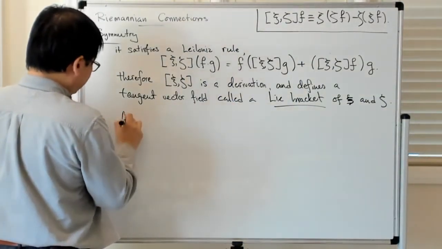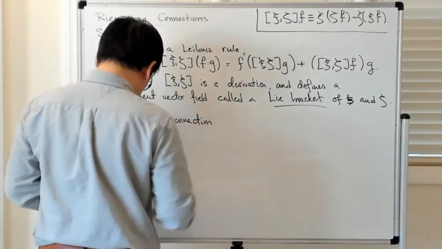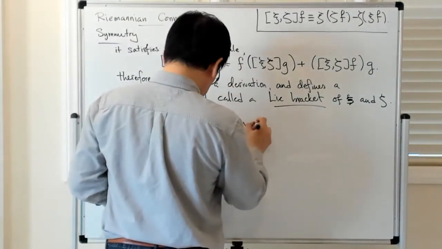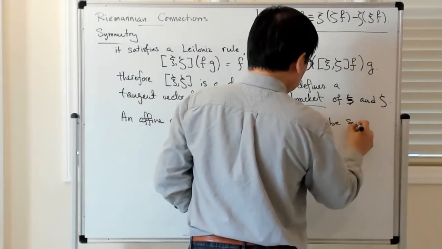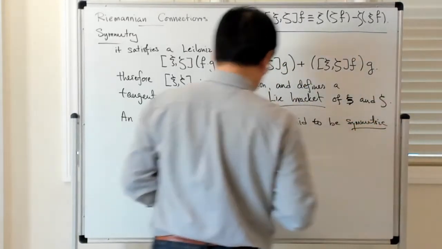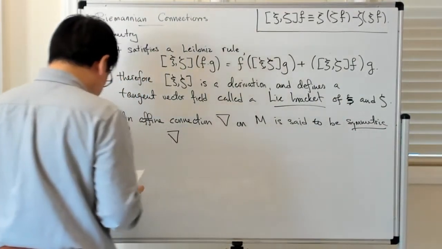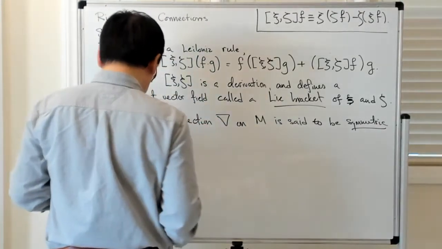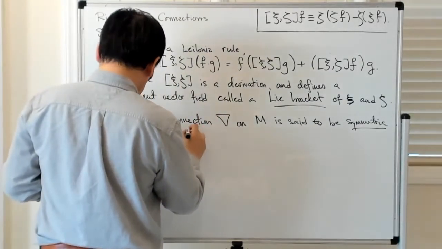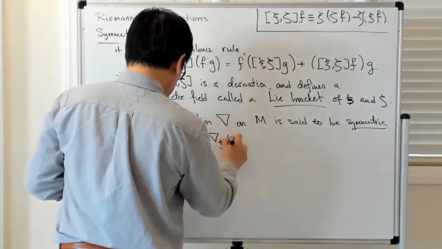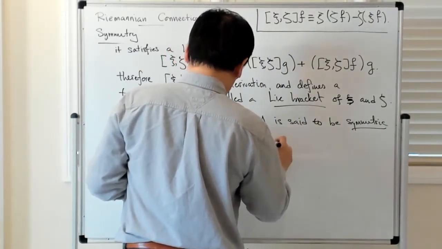An affine connection nabla on M is said to be symmetric if the following is true: the difference when you apply the connection but switch the arguments is equal to the Jacobi-Lie bracket of the two vector fields.